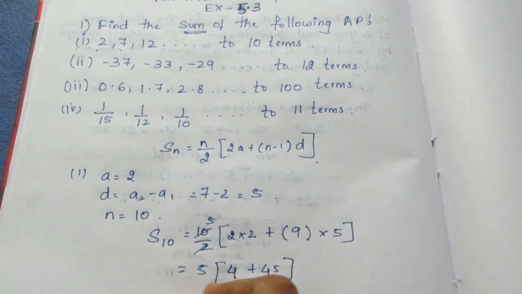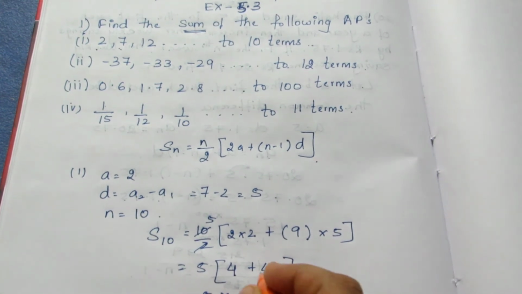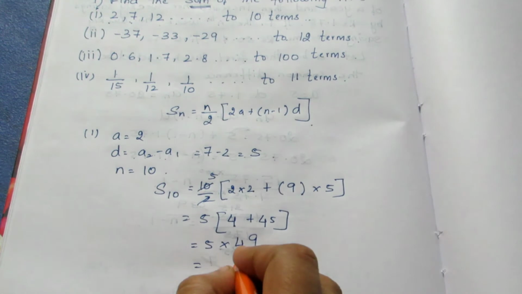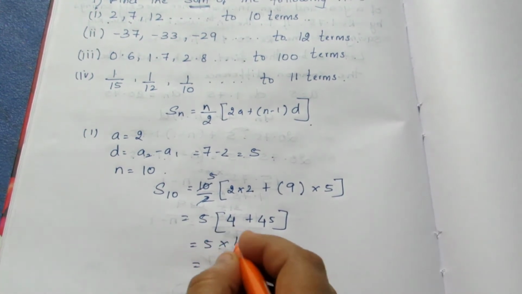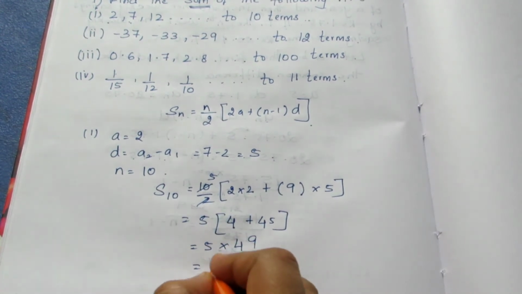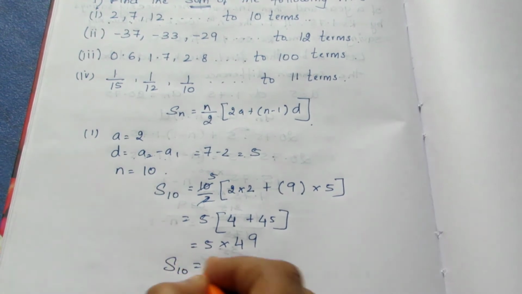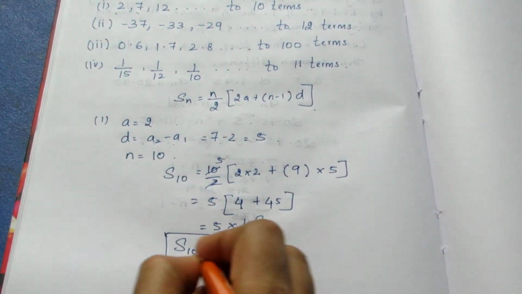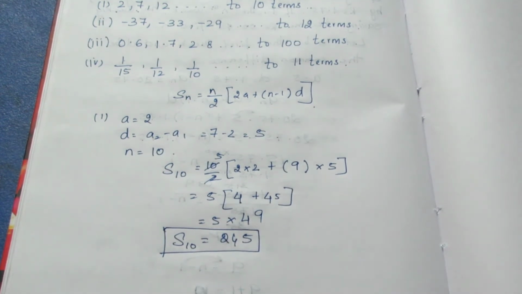Now you add and finish the bracket first, which is 49. So 5 times 49: 9 fives are 45, 5 carry over 4, 20 plus 4, 24. So S10 for this sum is 245.